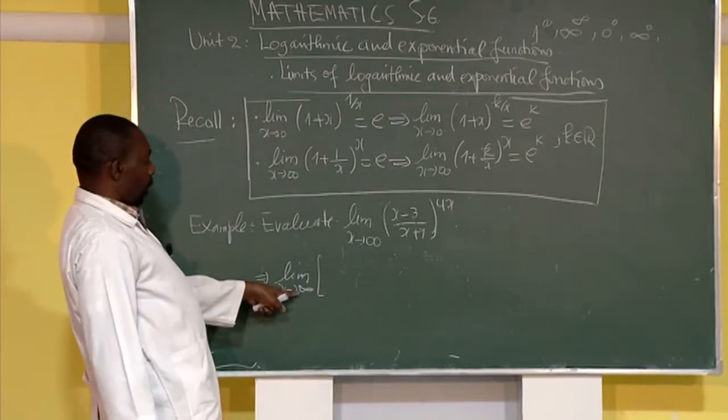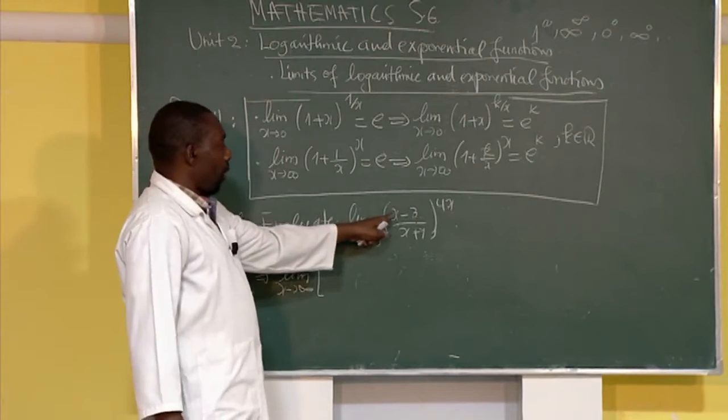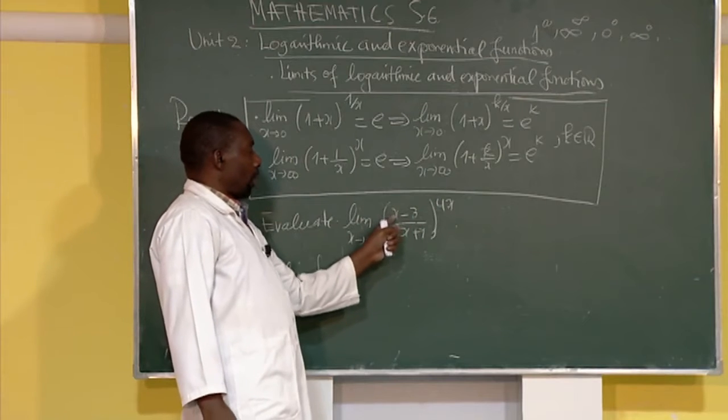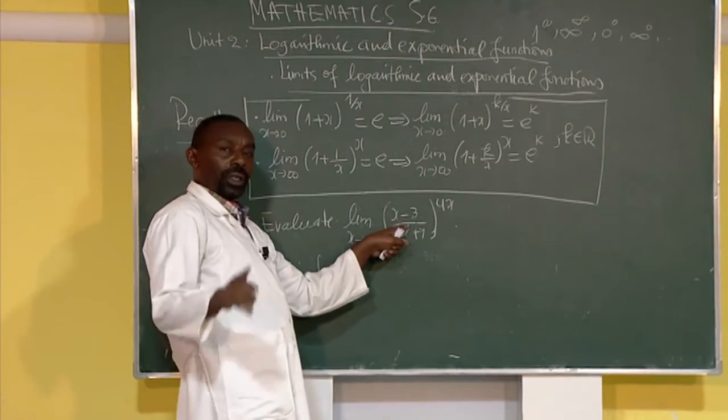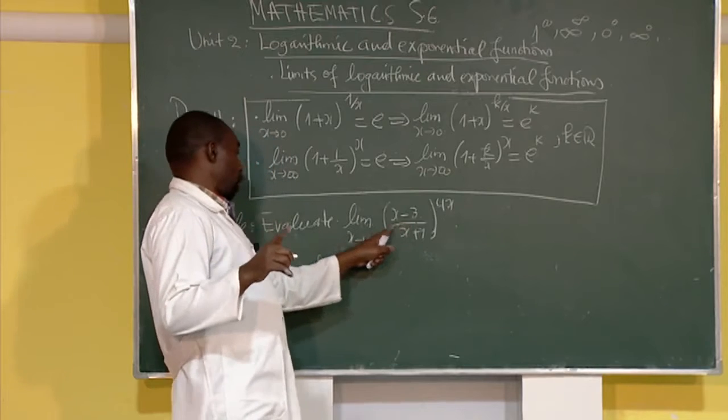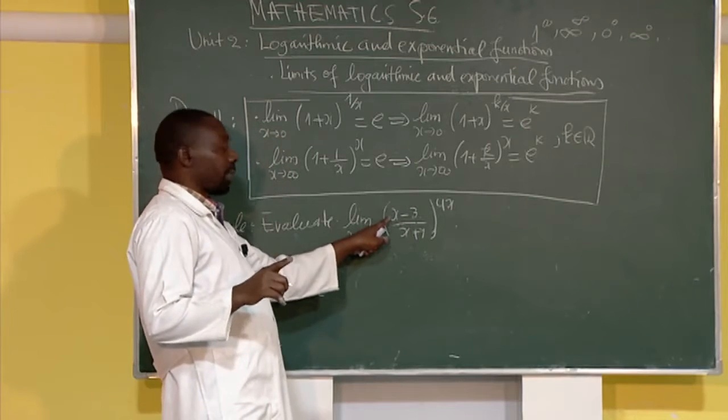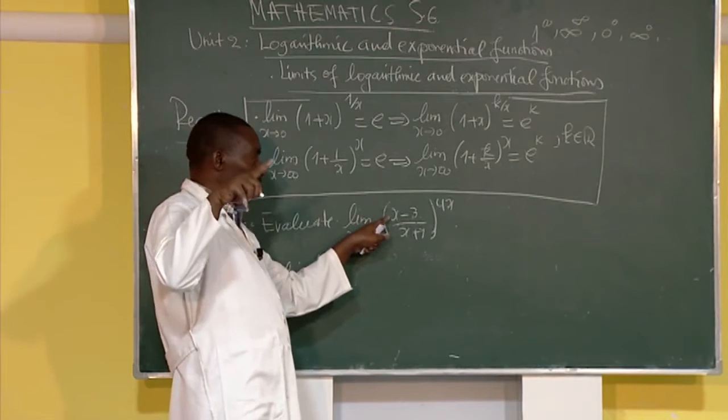When the limiting value is infinity, here we have a quotient. The numerator is of degree 1. The denominator is of degree 1. It means the limit will take the ratio of the leading coefficients.